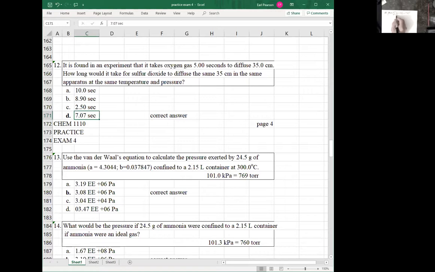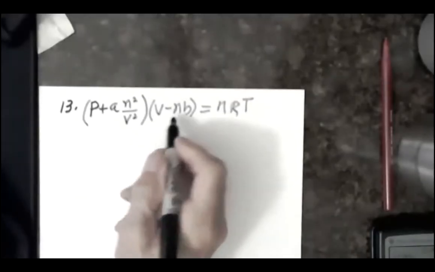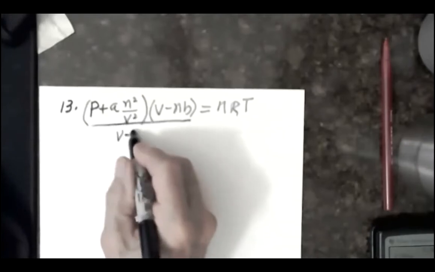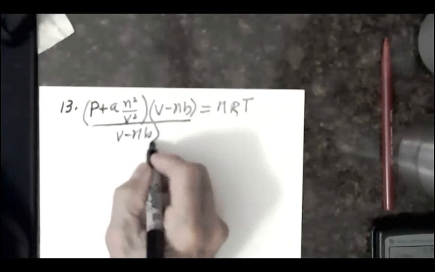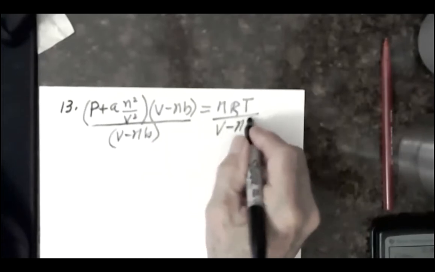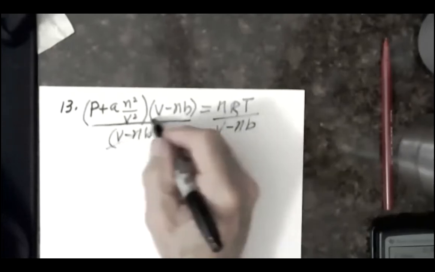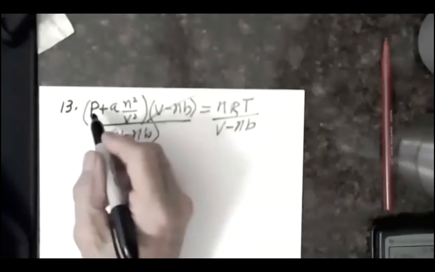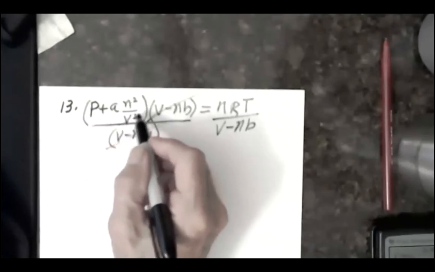I want to divide both sides through by V minus NB. So divide by V minus NB and divide over here by V minus NB. When I do that, those pieces are gone. Now, I'll just have P plus AN squared over V squared.